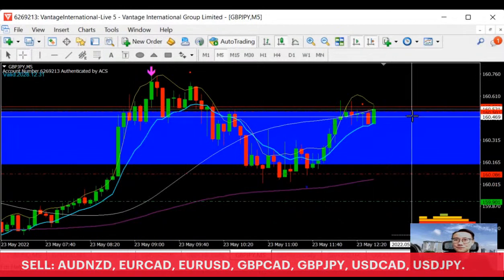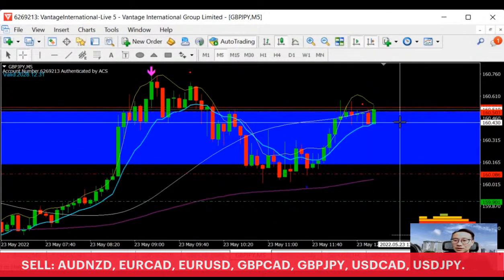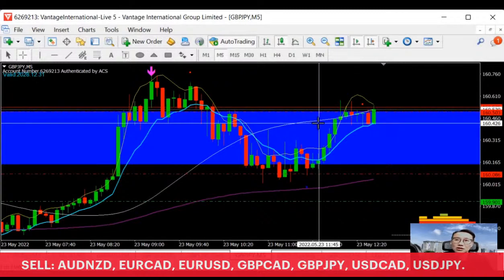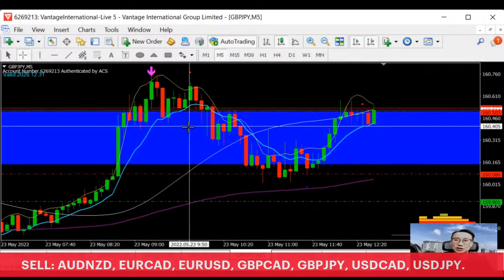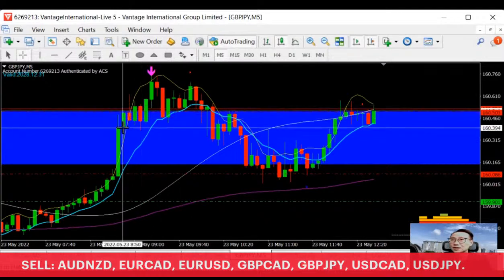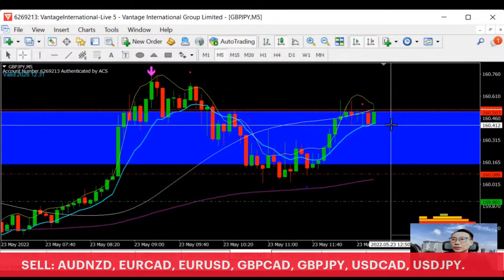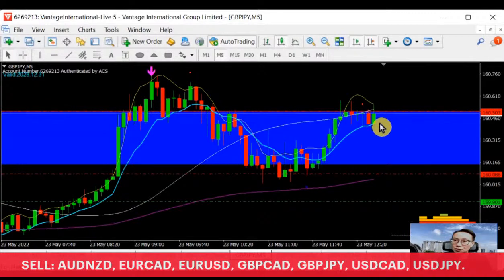Where my aqua line is pointing, this is a support that a lot of people may overlook. Now, can you see that it came down, touched the aqua line, and reversed up to retest the resistance once again. So a scalper also needs to understand where the strength is before they start to sell, before they even start to scalp.